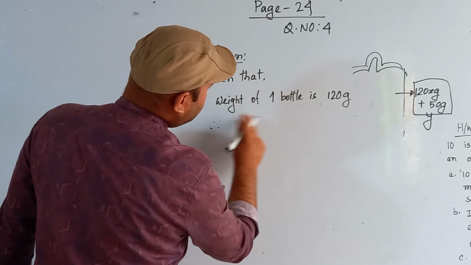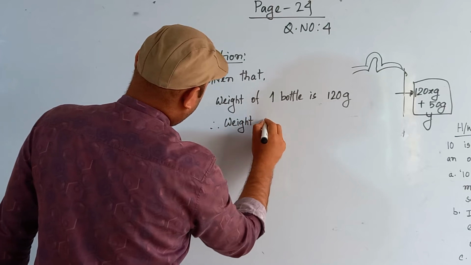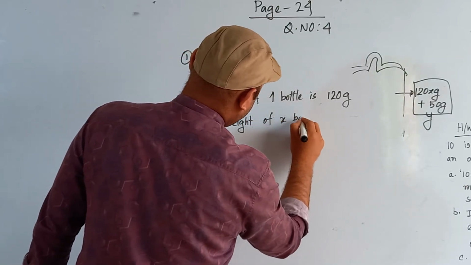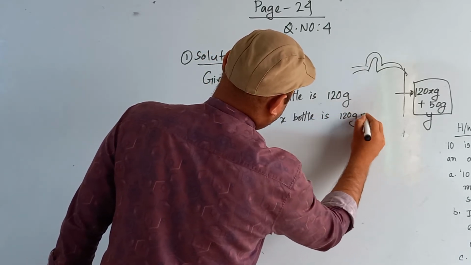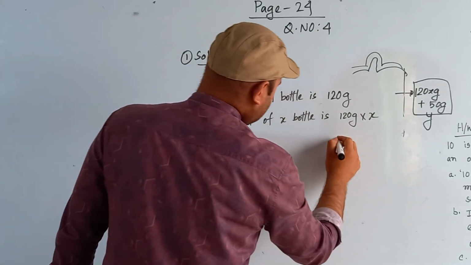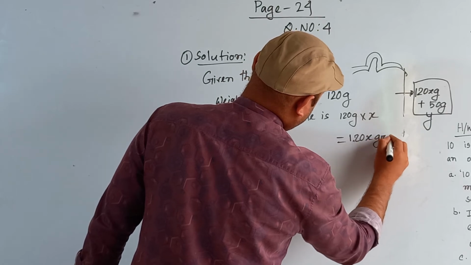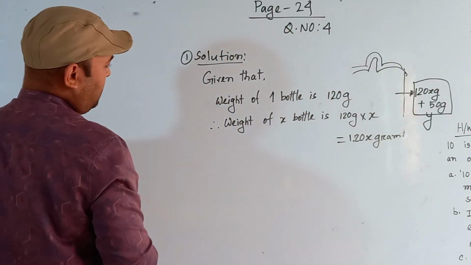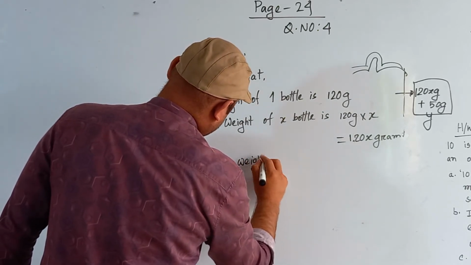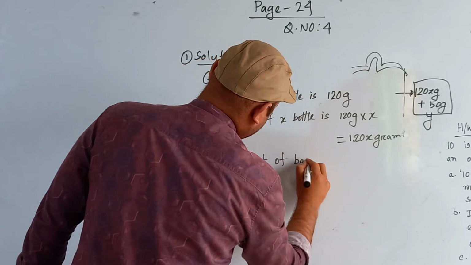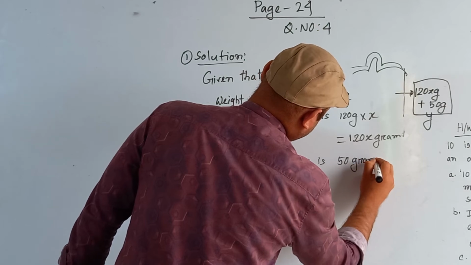Therefore, we have determined that the weight of X bottles is 120 gram multiplied by X, that means 120x gram. And the weight of the bag is given here, 50 grams.